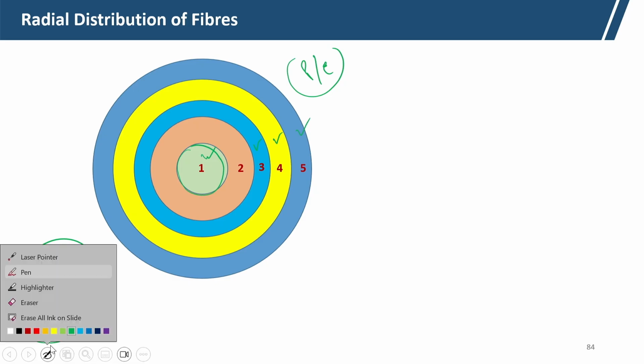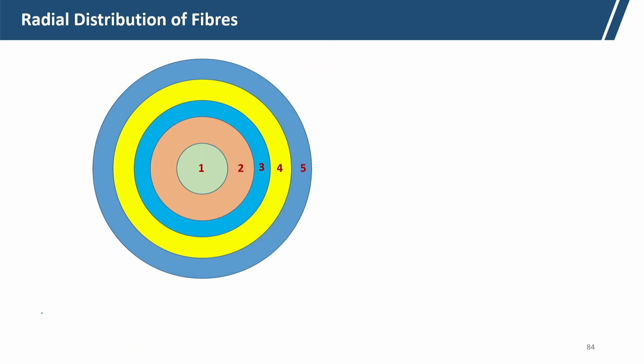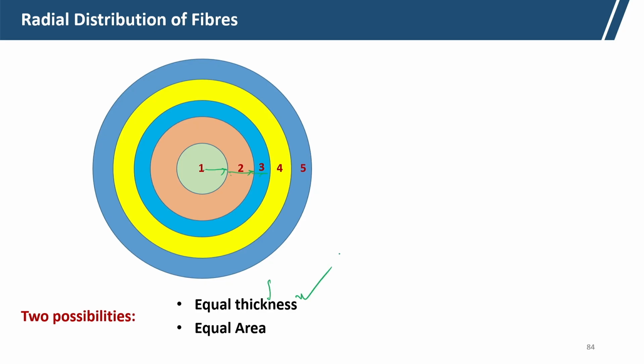Now, how do we do this? There are two possibilities. We can take each layer of the same thickness, or we can take layers of equal area.